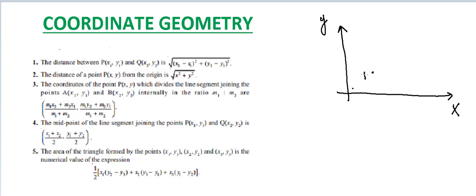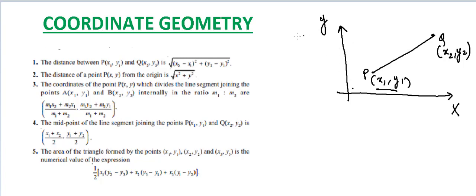If this is P, it is having coordinates x1 and y1, and similarly you are having Q. It is having two coordinates, x2 and y2. So if these are the 2 points on the coordinate plane, this is known as the coordinate plane, or Cartesian plane, because we are having x and y's. On this plane if you are having 2 points, it is having x as well as the y.